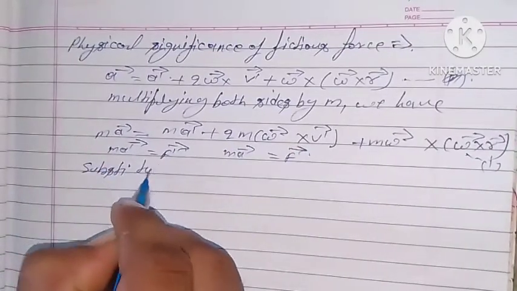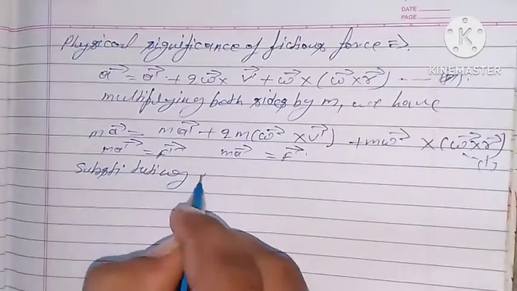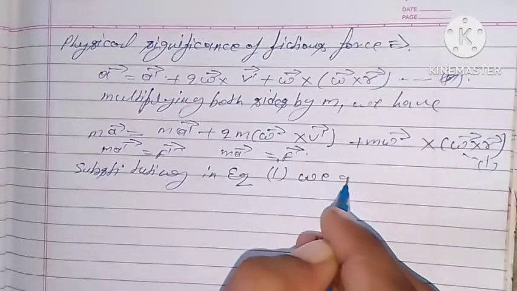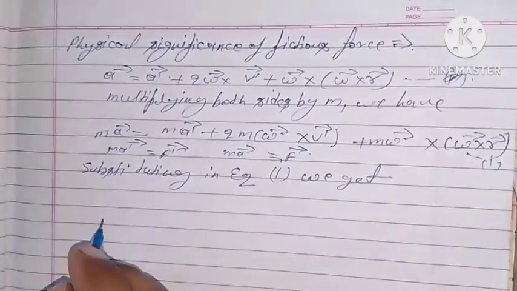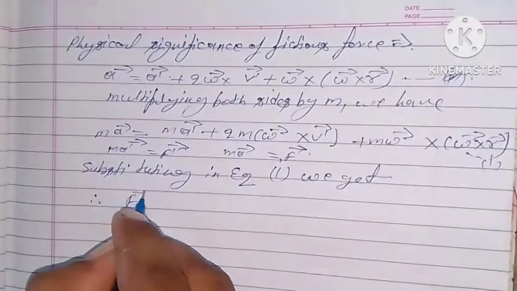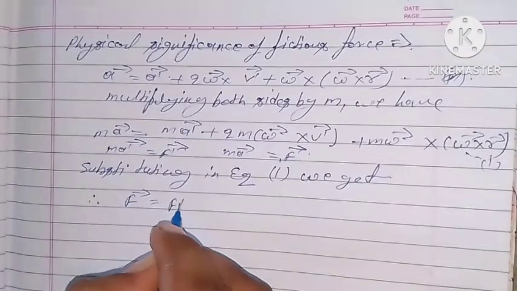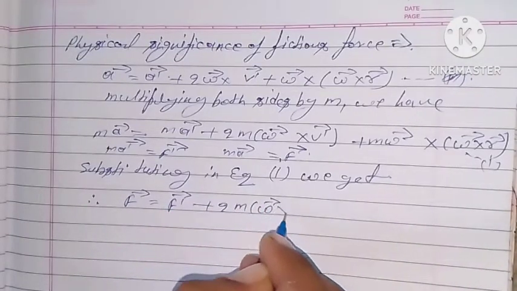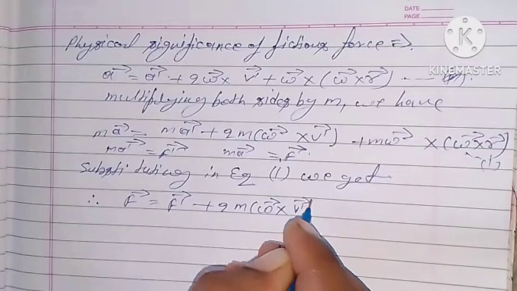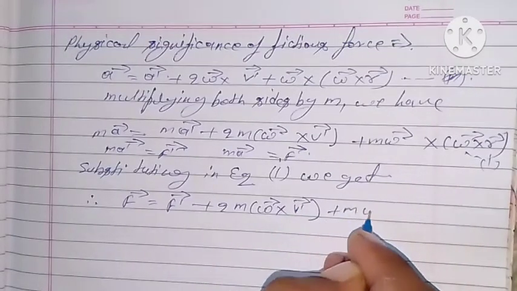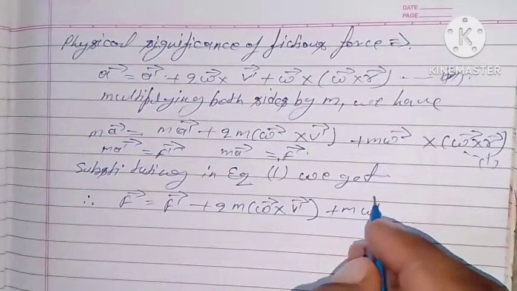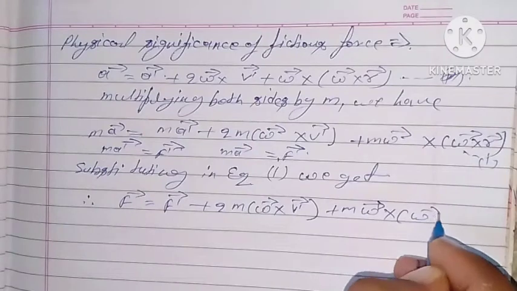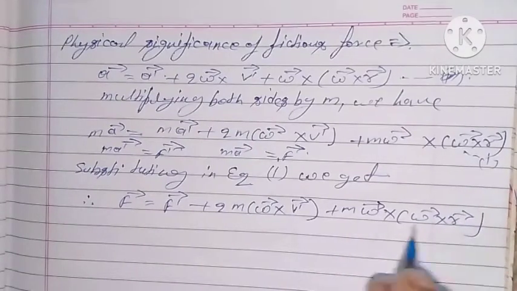Substituting in equation 1, we get vector f equals vector f dash plus 2 m omega vector cross v dash plus m omega vector cross vector r.